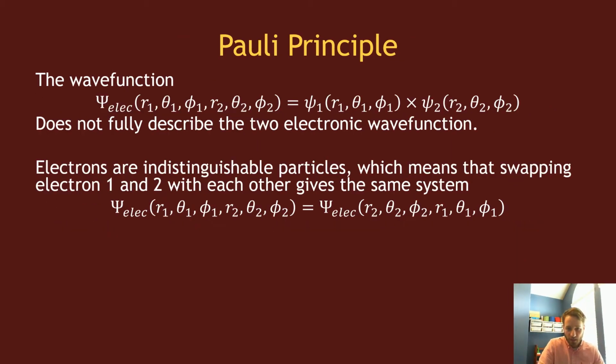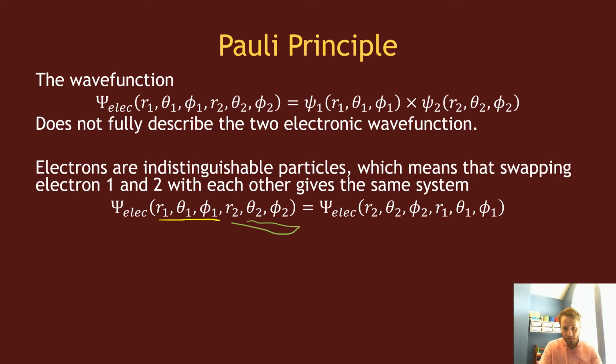Right. And so we'll talk a little bit about what I had mentioned previously in the electron spin video, which is the Pauli exclusion principle, or Pauli principle. This has to do with the fact that electrons are indistinguishable particles, that they're fermions with half-integer spins. For some indistinguishable particles, I have a wave function where I have R1, theta 1, phi 1, and then R2, theta 2, phi 2.